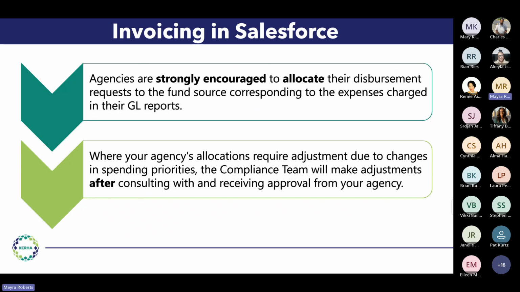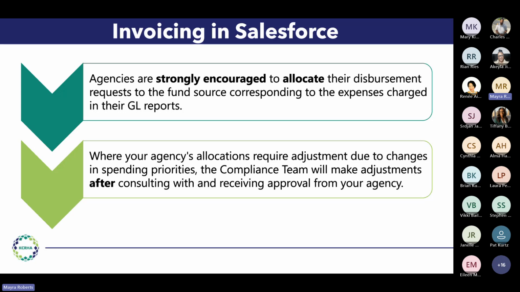Agencies are strongly encouraged to allocate their disbursement requests to the fund source corresponding to the expenses charged in their GL. When your agency allocations require adjustments due to changes in spending priorities, the compliance team will make those adjustments after consulting with you and receiving approval from your agency.